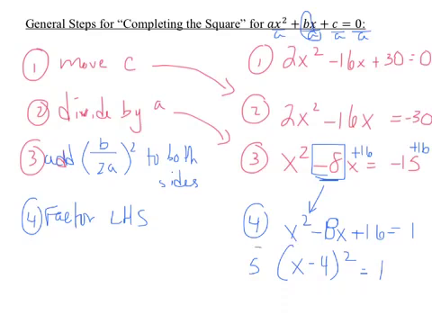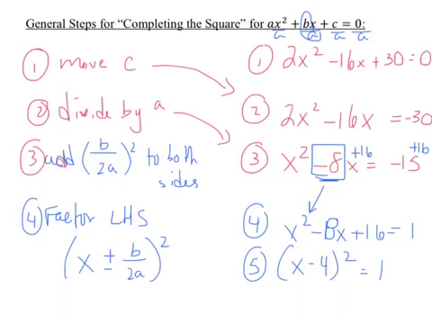So we write it as quantity x minus 4 squared. And what you'll also notice is that the factors on the left-hand side will always factor into this, x plus or minus, depending on, obviously, the sign here. If the sign was a positive, this would be a positive. Since it's a negative, it's a negative. So plus or minus, depending on the situation. And the term on the right-hand side is going to be that same b over 2a. Okay, that's what it's always going to factor into.